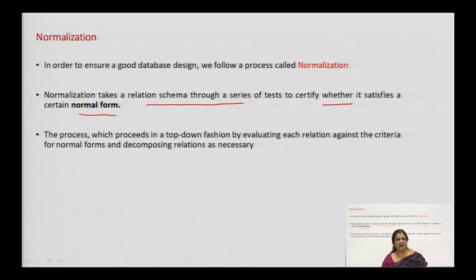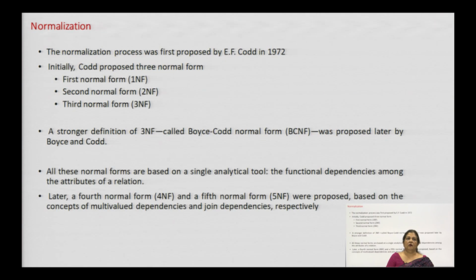If it does not satisfy the normal form, then in a top down fashion, after evaluating, we decompose the relations as may be necessary, and this is what is called normalization. That is, first we will check the given relation against some normal forms. If it does not meet the criteria for the normal forms, then we will decompose the relation into more relations, that is, break it into more relations, and this is called normalization.